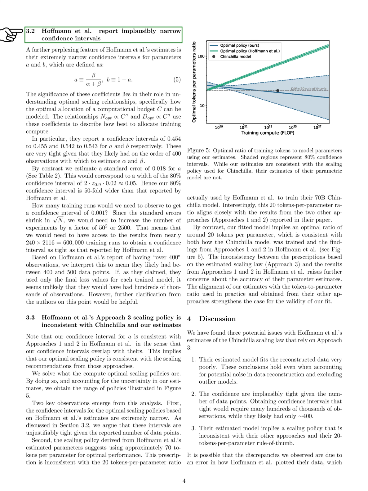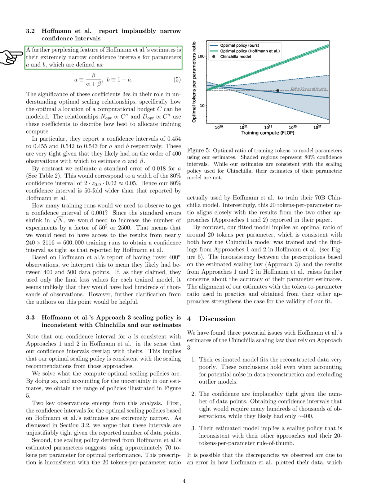Section. Hoffmann et al. report implausibly narrow confidence intervals. In this section, we discuss Hoffmann et al.'s findings on optimal scaling relationships. They reported very narrow confidence intervals for parameters A and B, which are crucial for understanding how to allocate a computational budget C effectively.